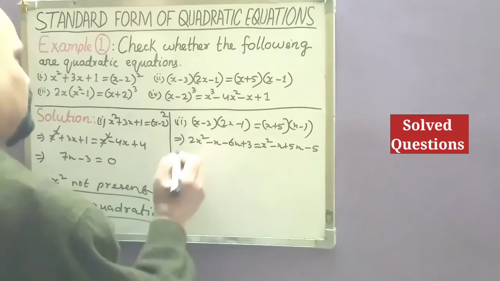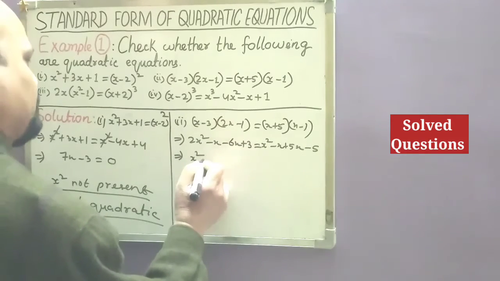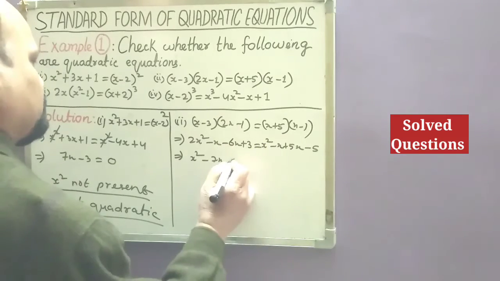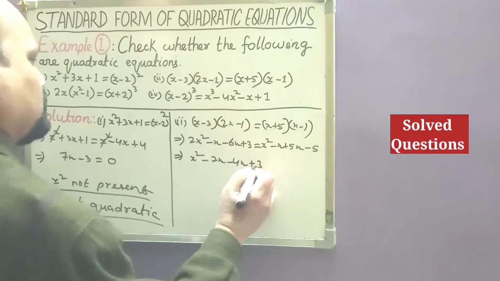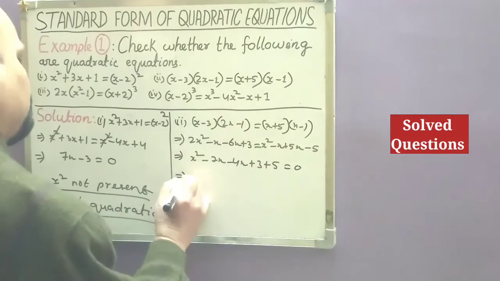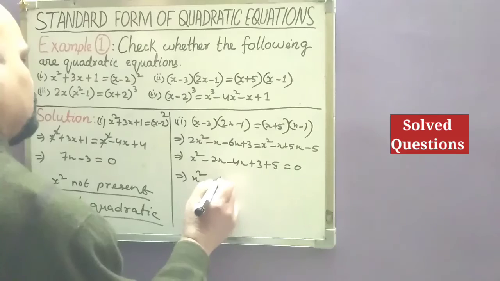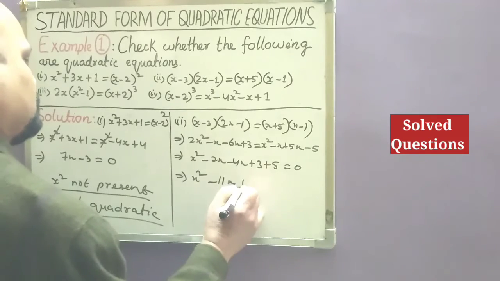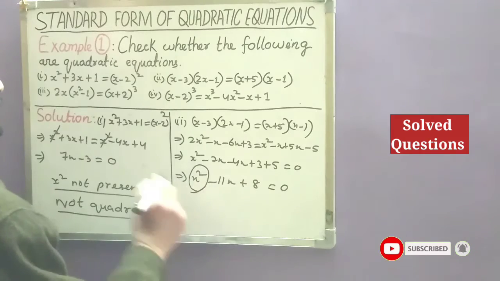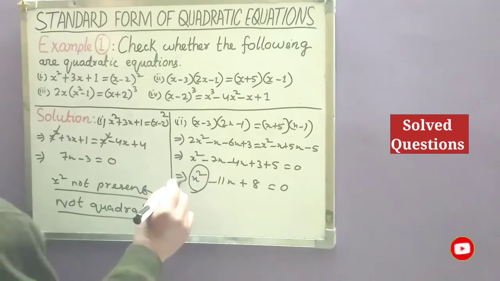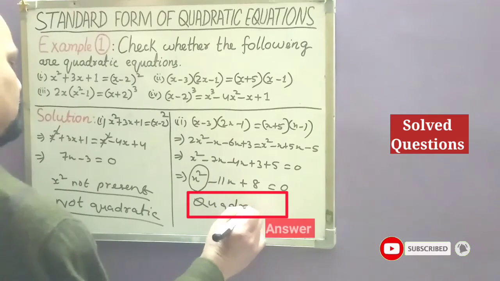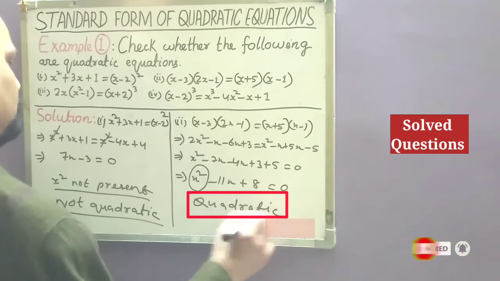That implies that x² − 7x − 4x + 3 + 5 = 0. That implies that x² − 11x + 8 = 0. Clearly, it is a quadratic equation with a term x², that is degree 2.